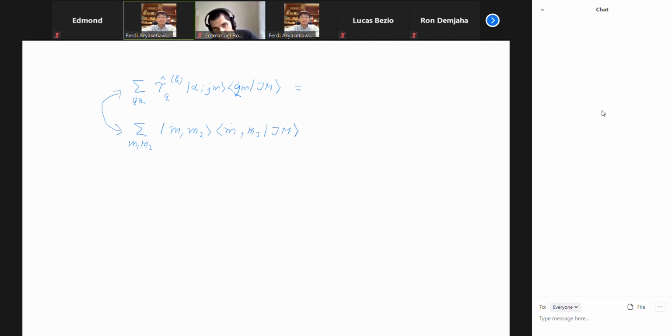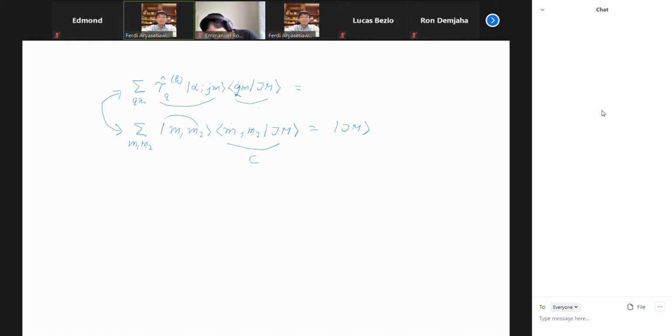So we know that this is equal to JM. We say that this product of two angular momentum states is just the analog of the product of the spherical tensors and the angular momentum states, Jm. And this is just the Clebsch-Gordan coefficient.